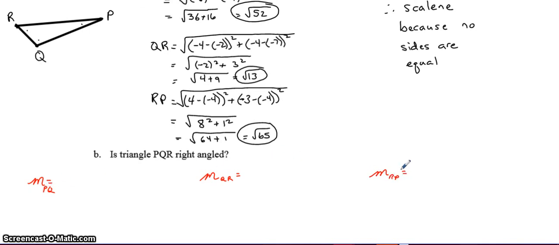So figure out the slopes of all three sides. Determine if any of them are negative reciprocals or opposite reciprocals, and if they are, then you have right angles. So determine if this is a right angle triangle, press pause now, calculate the three slopes, and determine if you have any right angles. When you're done, press play to check your answers. So press pause now, please.